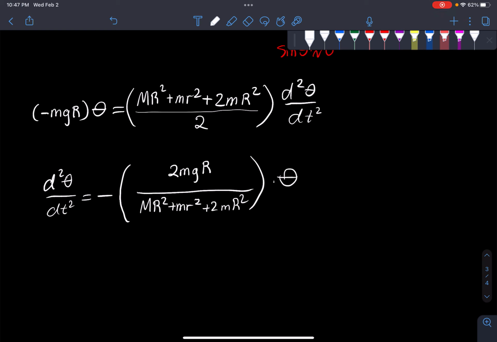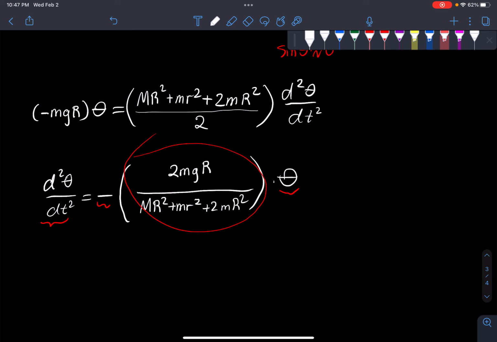Now we have that form of simple harmonic motion, where we have the second derivative of theta, theta right here, a negative sign, and then a bunch of constants.